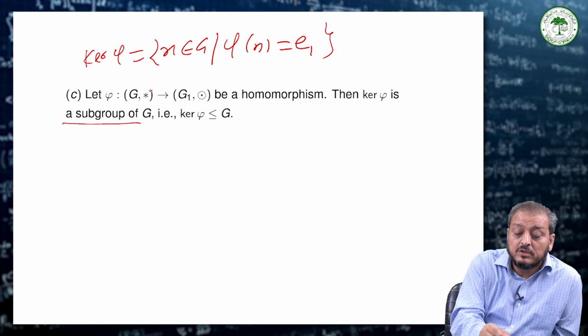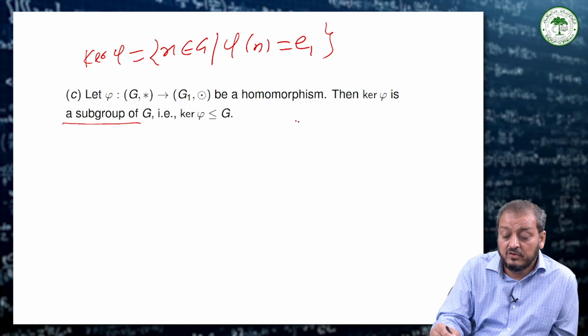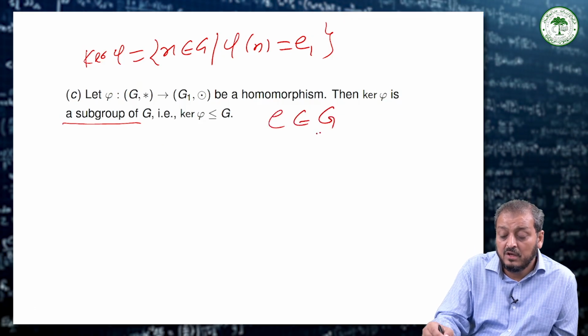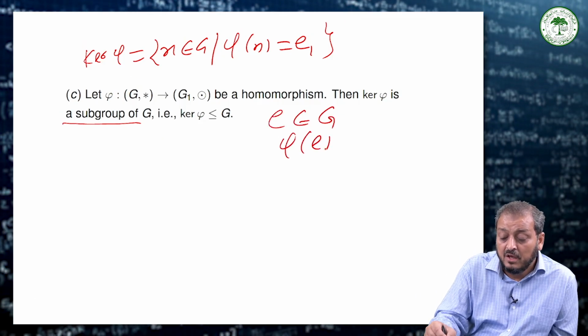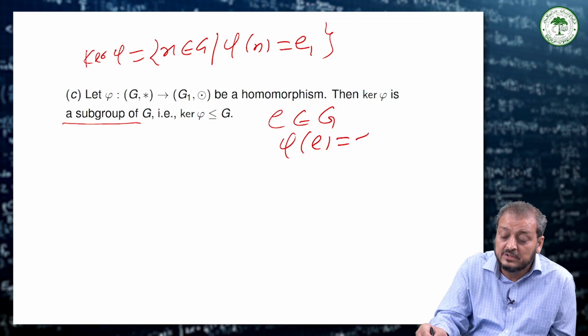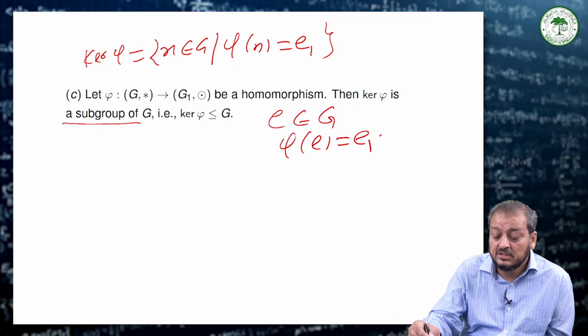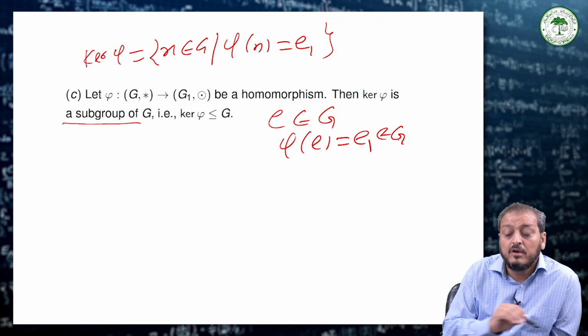Because G is a group, E is an element of G, and phi of E is equal to E1, the identity element of G1.